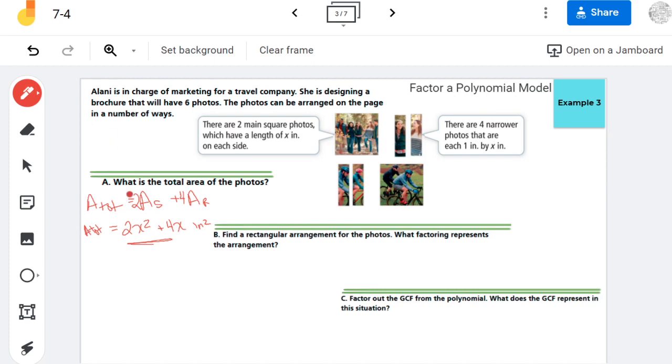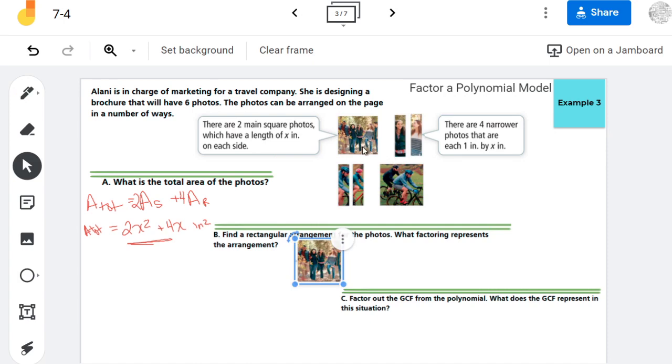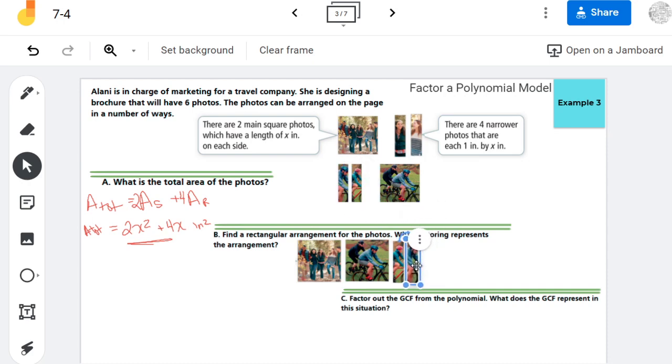So now for part B, they're saying to find a rectangular arrangement for the photos, and they want to know what factoring represents the arrangement. So what I'm going to do is drag these around and just form a rectangle with them.